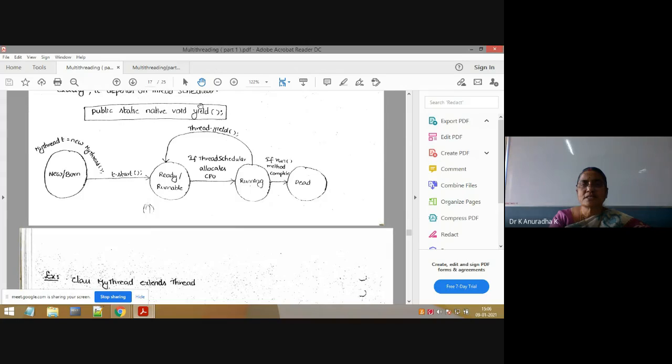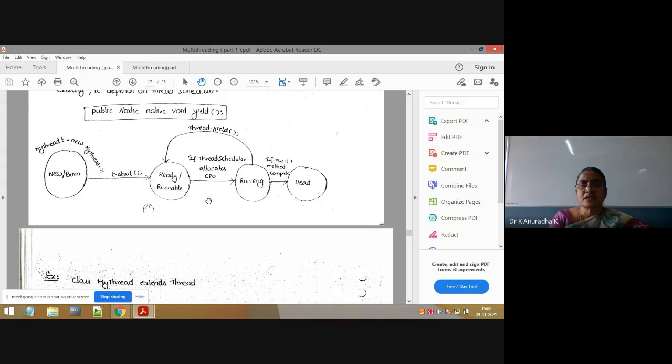That's why, whenever you want to access the yield method of the Thread class, always write Thread.yield in your program.